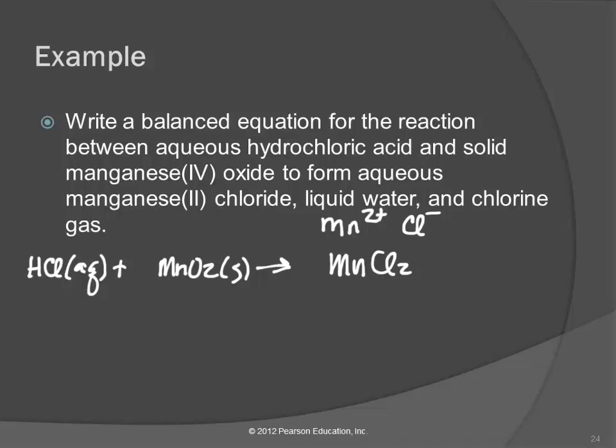And it says that that is aqueous. Liquid water, what's the formula for water? H2O with an L. And chlorine gas. I still ran out of room. Dang it. Cl2.